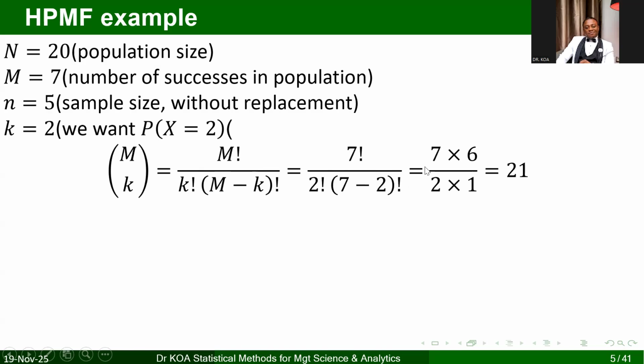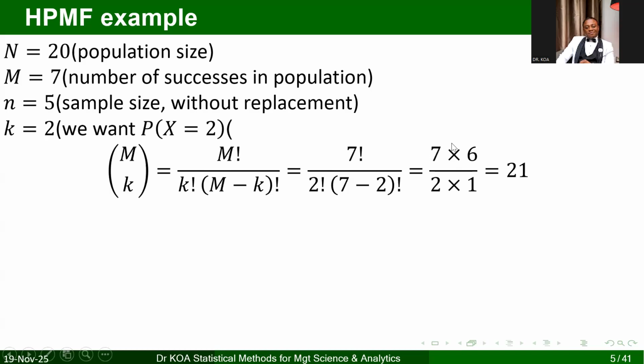You substitute it, and here you can see that I have 7 times 6 over 2 times 1. When 2 goes into 6, what do you get? 3. And 7 times 3 is 21.